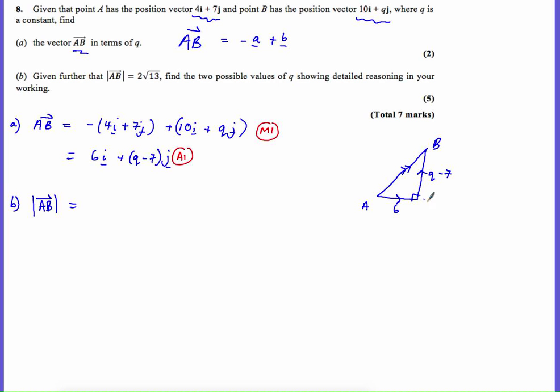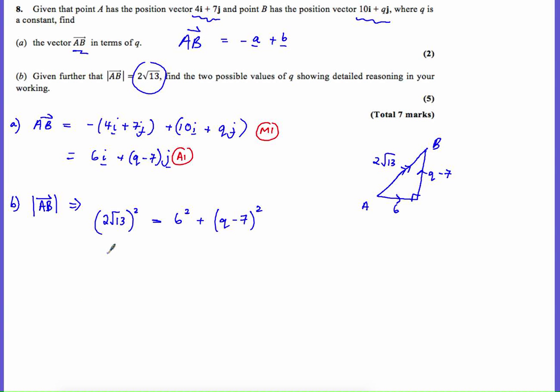Right angle triangle, despite my wonky drawing, means I'm just using Pythagoras to find it. And we're told that that is equal to 2 root 13. So using our brain, 2 root 13 is the hypotenuse. Hypotenuse squared must equal one of the shorter sides squared plus the other short side squared.